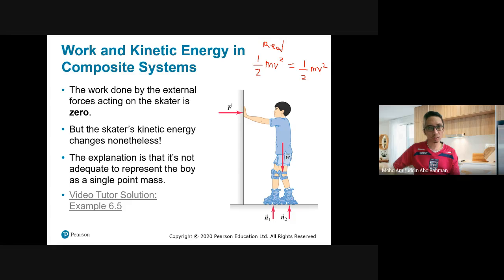Let's say this is m1, v1, m2, v2. This is blue.